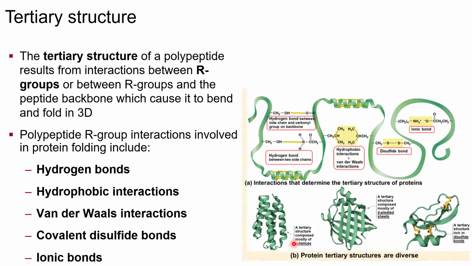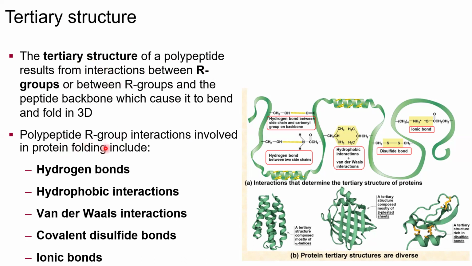Now, another set to this is the tertiary structure, where it starts making interactions between the different R groups. So secondary structure was basically through the backbone structures. Now we're having interactions between R groups of the structure itself.